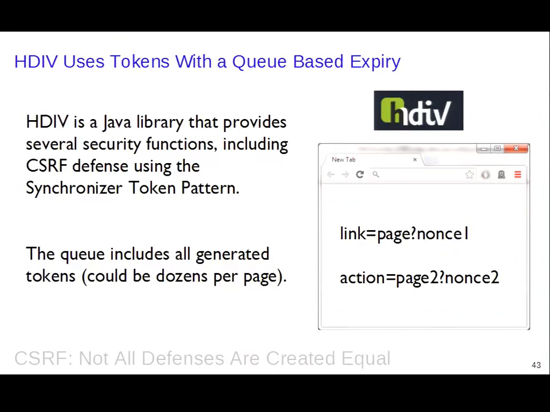The queue includes all generated tokens, and again, depending on your application, if your application has a lot of links and a lot of forms, this could be dozens and dozens, it could be hundreds per page. And that queue size, by the way, is also configurable. So make sure you take a look at that queue size and test it with your application, because if you ever have what the client thinks is a valid token, and it's not in your queue, they're going to have their request blocked.